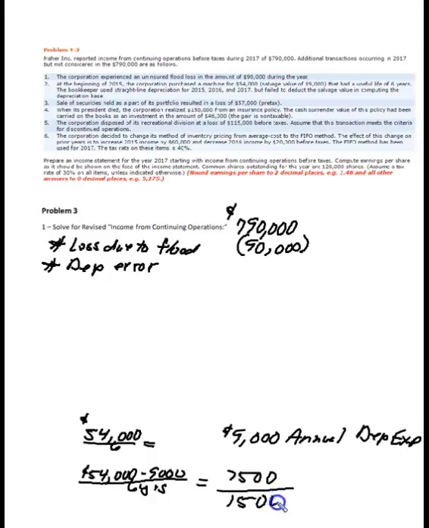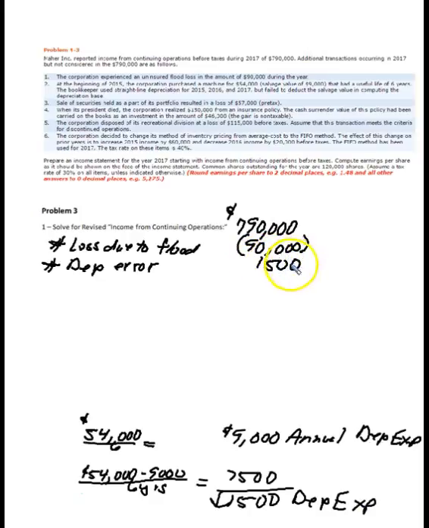So there's a difference of $1,500. In 2017, $9,000 expense got recorded. It should have been only $7,500. So we need to reduce depreciation expense by $1,500, so there needs to be an adjustment of $1,500 here.